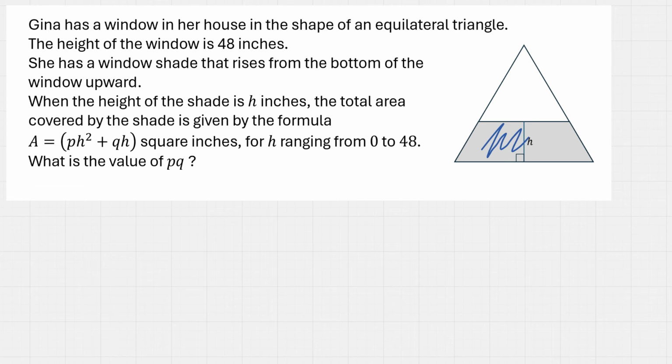This is the window shade, and when the height of the shade is 8 inches, we're told the total area covered by the shade is given by this formula, for h ranging from 0 to 48, so h could be anywhere. What is the value of PQ? That's what we need to work out.